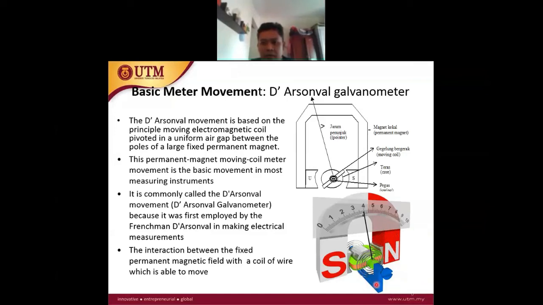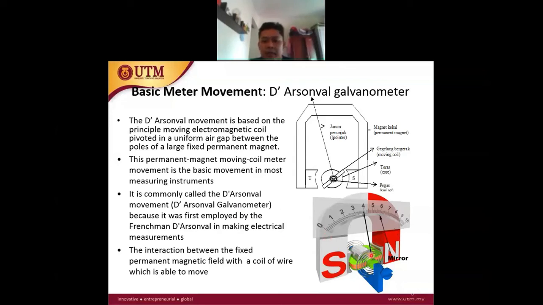It is suspended on a tip on both ends of the green part, like a needle, which ensures the coil can rotate freely.